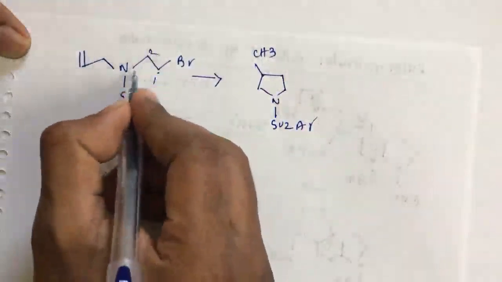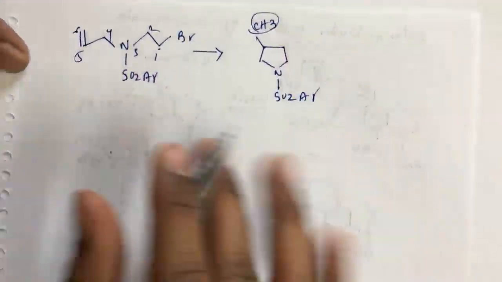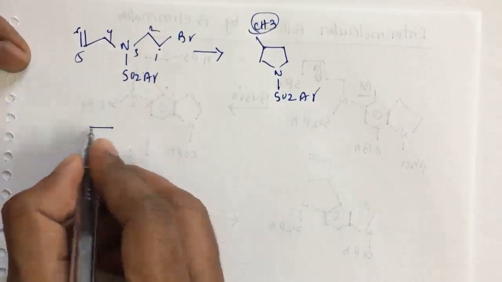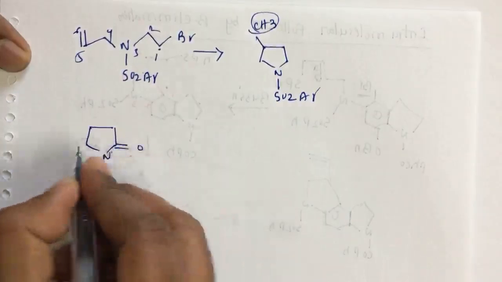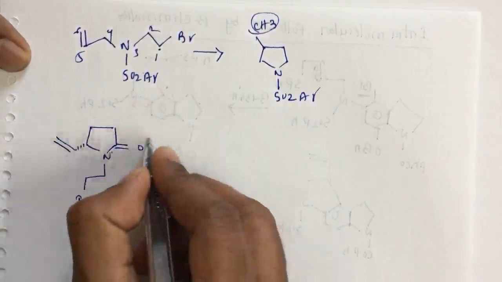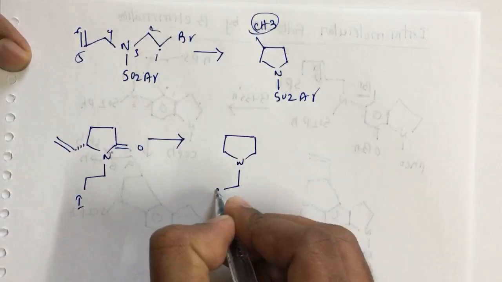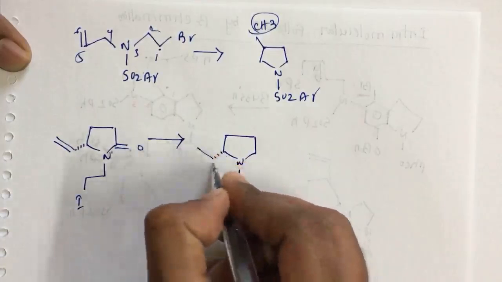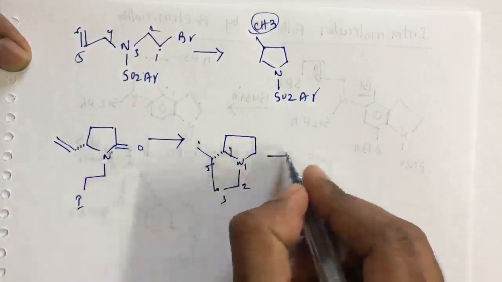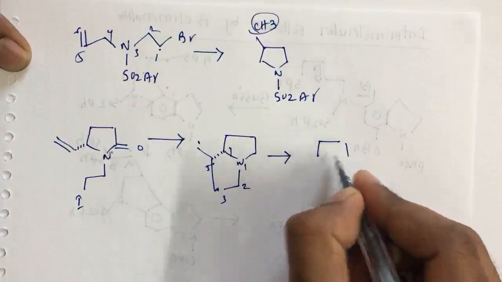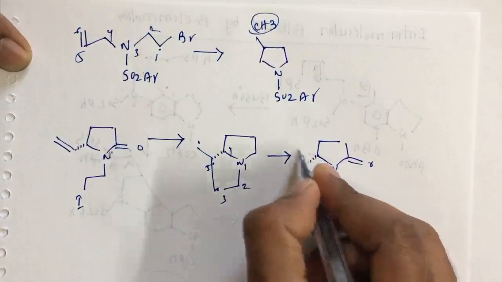Now 1 2 3 4 5. So this 6th carbon is this one. And then here initially you get a radical, and 1 2 3 4 5, these two form a bond, and finally we have this product.